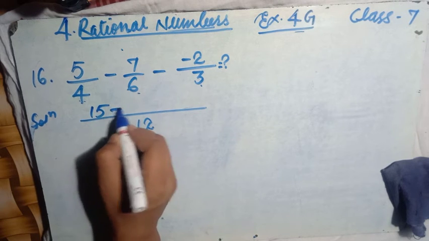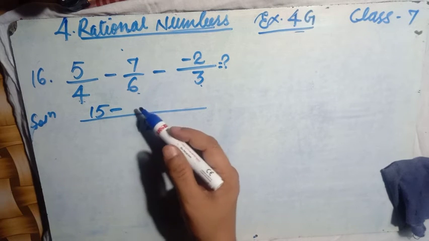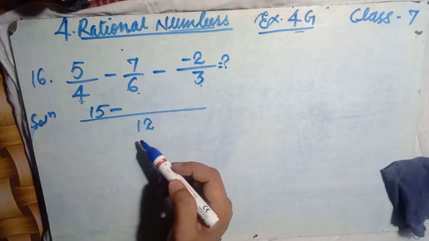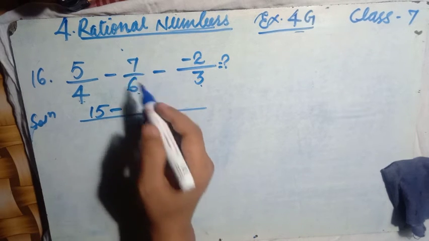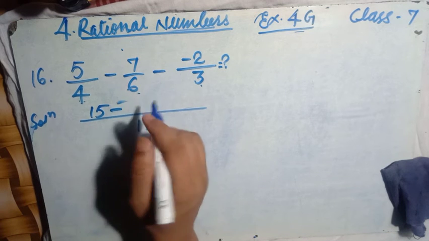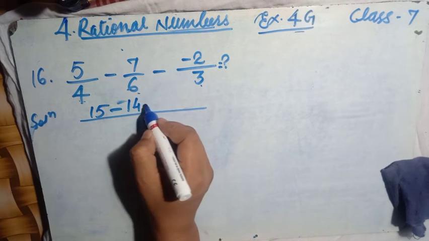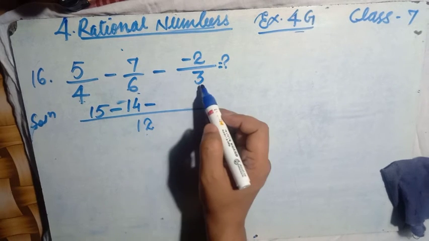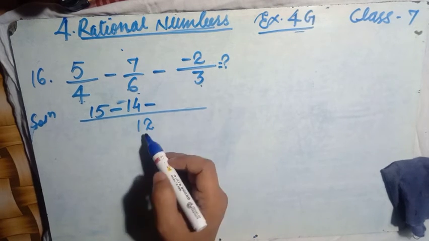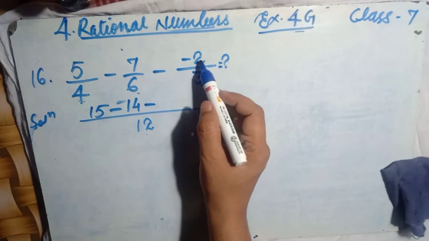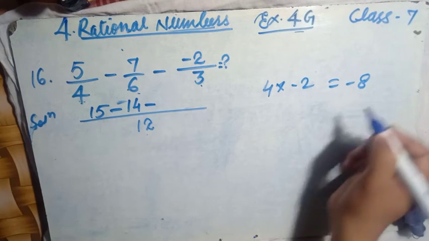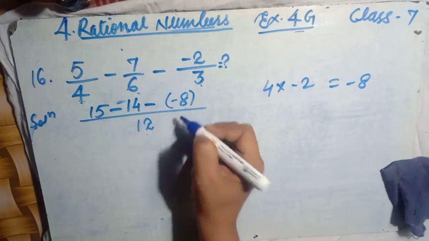Here is the minus. Now divide 12 by 6: 6 twos are 12, and 2 multiplied by 7 is 14. Here is the minus. Now divide 12 by 3: 3 fours are 12, and 4 multiplied by minus 2 is minus 8, in bracket, because it is minus.